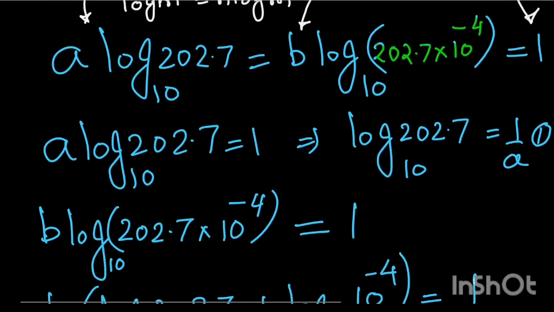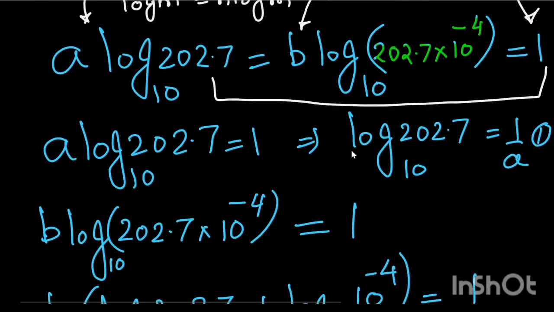Now we have two equations, guys. One is this, which I have written like this. This is the first equation, and from this, in the next step, a will come in the denominator. So from the first equation, the value of log 202.7 that we obtained is 1 by a.